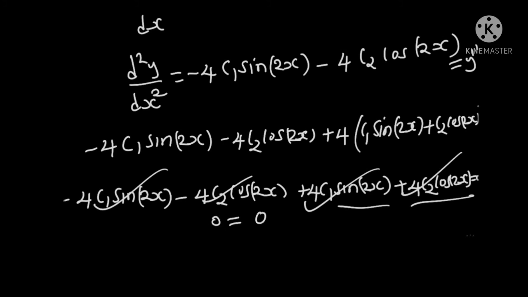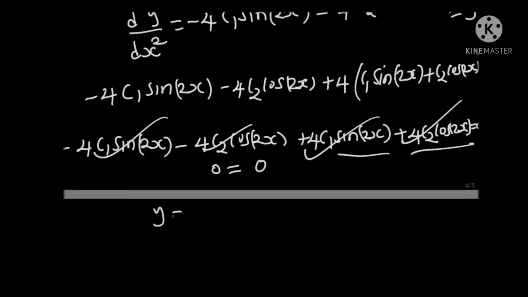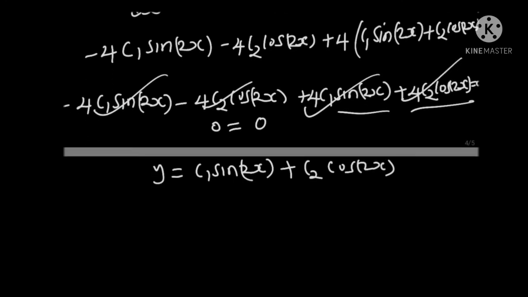Therefore, we have shown that y equals c1 sine 2x plus c2 cos 2x is indeed a solution to the differential equation given by y double prime plus 4y equals 0.